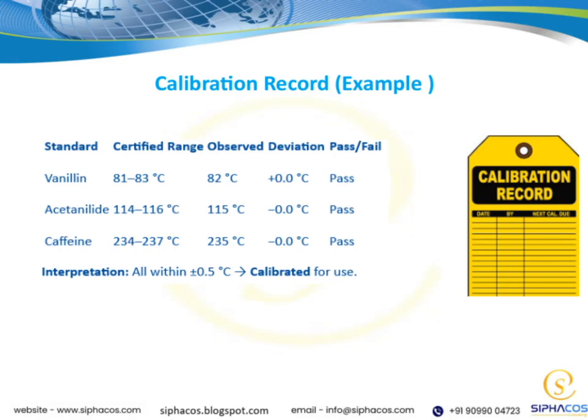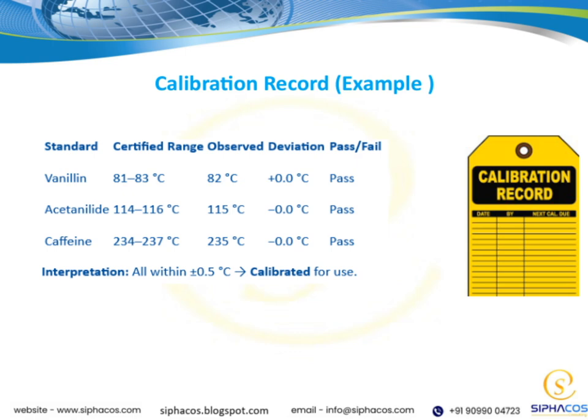Let's take a look at this calibration record example. Here, you can see how we document the calibration process for a specific instrument. The key points include recording the date of calibration, the person responsible, and the equipment used. Notably, we also document the calibration results, including any adjustments made and the acceptable tolerances. This record helps ensure traceability and accountability, which are essential for maintaining measurement accuracy over time.